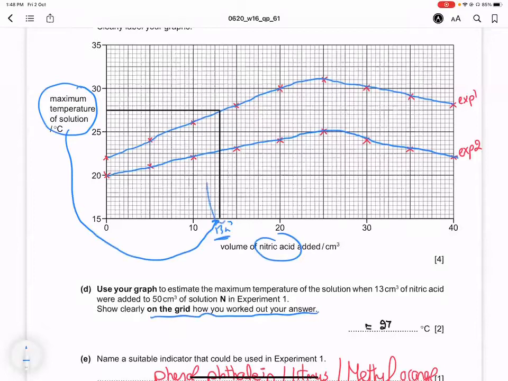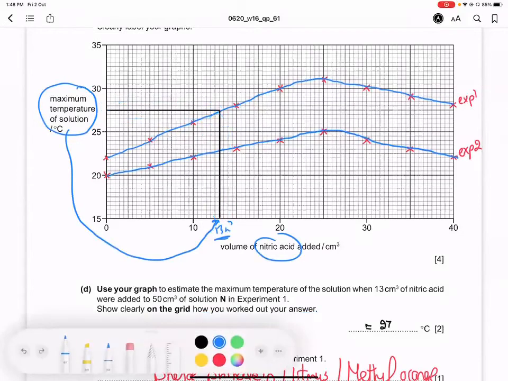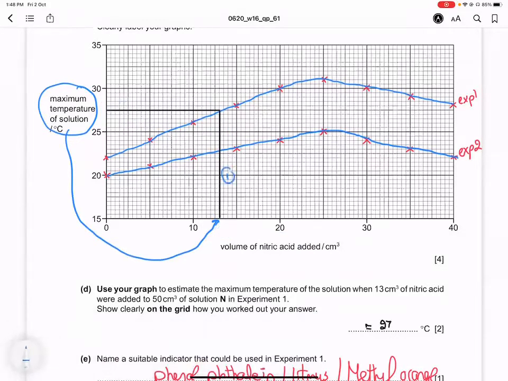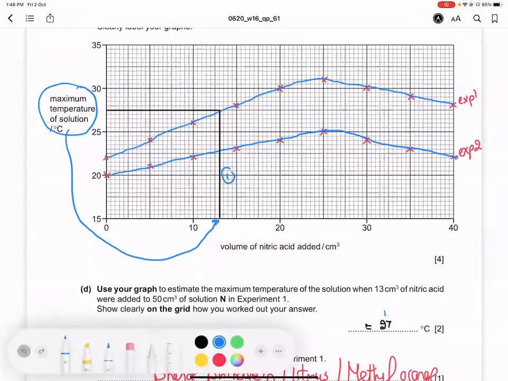You will raise the line until you hit experiment 1, and then you will read the y-axis, okay? It will be around 27 degrees, plus or minus 0.5 degrees Celsius is accepted. Okay, this showing on the grid is for a mark, and the value 27 plus or minus 0.5 degrees Celsius is for a second mark. You must show these two perpendicular lines, okay?